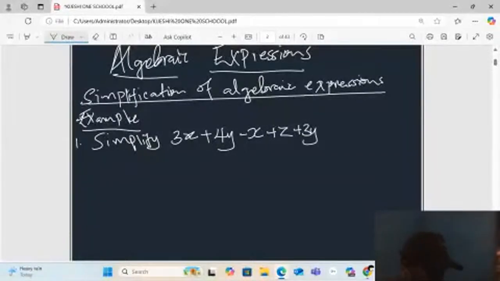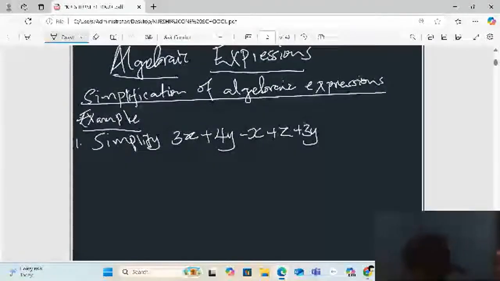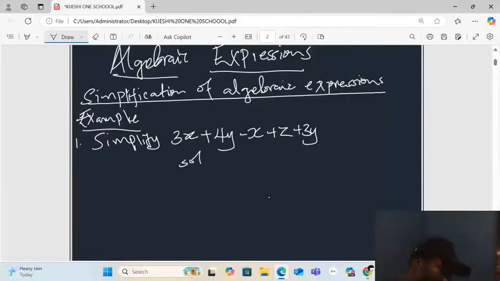So that is our question. So you simplify 3x minus x plus z plus 3y. Let us look at the solution on how to solve this.